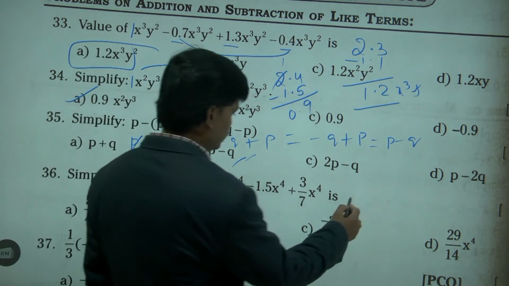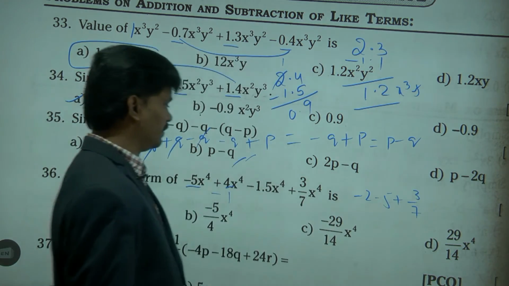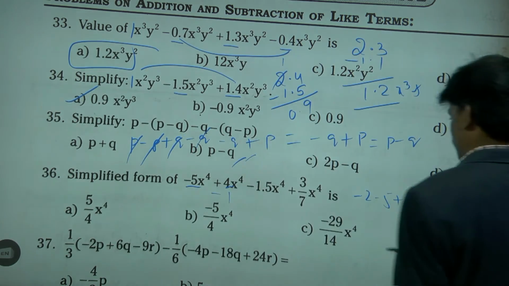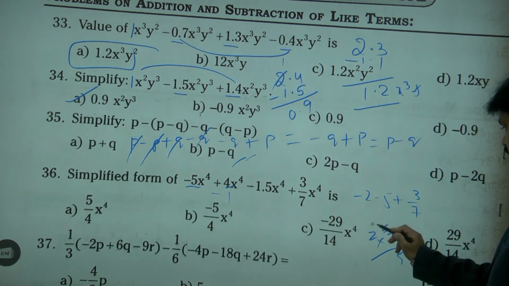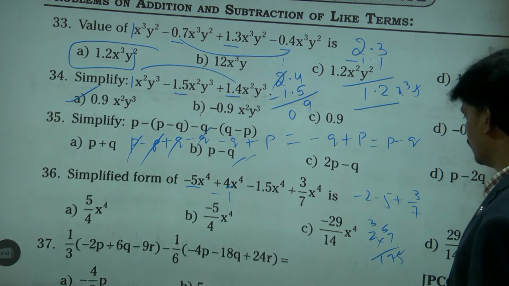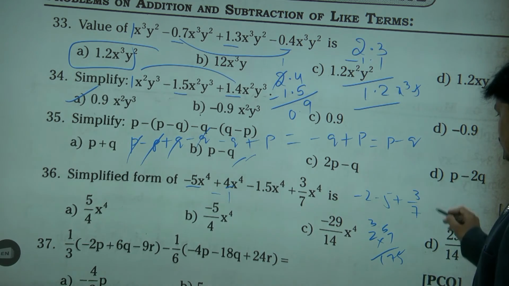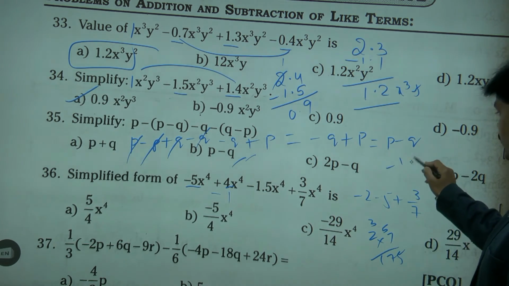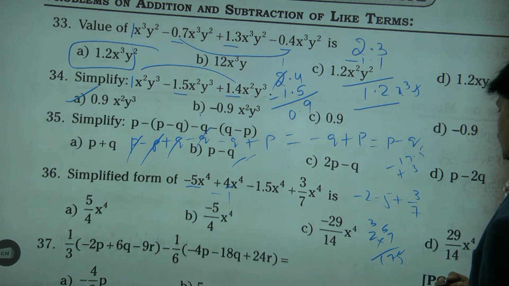Minus 2.5 plus 3 by 7. 3 by 7 you can write in decimal form if you want, or else you can cross multiply. 25 sevens are 175, plus 3, minus 17.5 plus 3. So we will get minus 14.5 by 7.